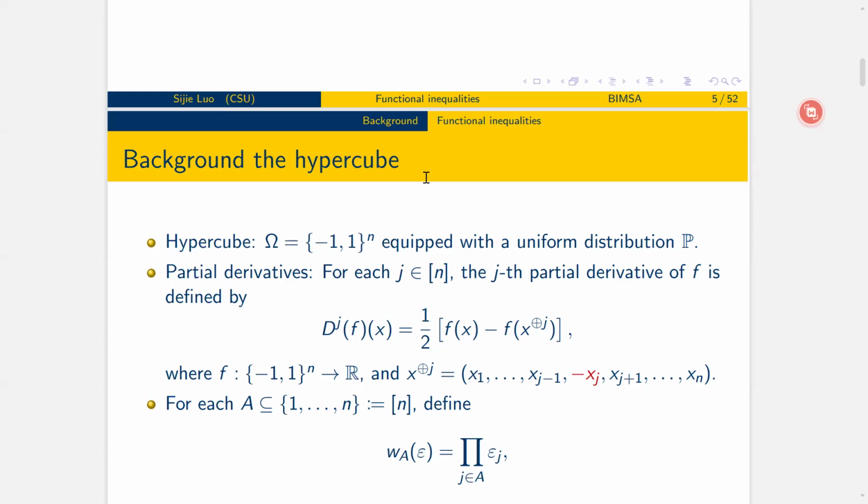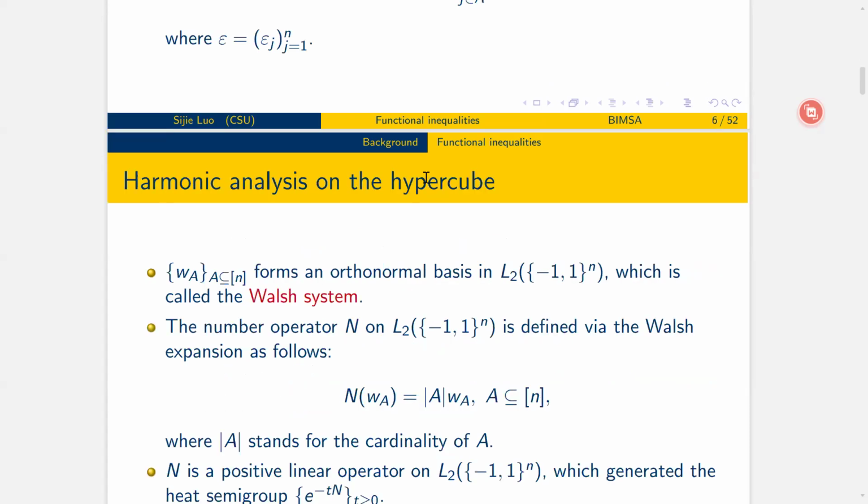So we can use the characters, named the Walsh system, defined for each A, where A stands for a subset of the set from 1 to n. The Walsh system W_A forms an orthogonal basis in L2 of the hypercube. By this orthogonal basis, we can define, via the Fourier transform, the Laplacian operator, which here we call the number operator.